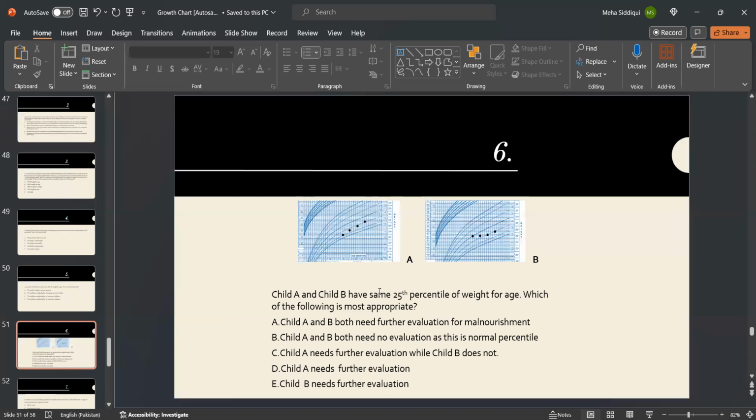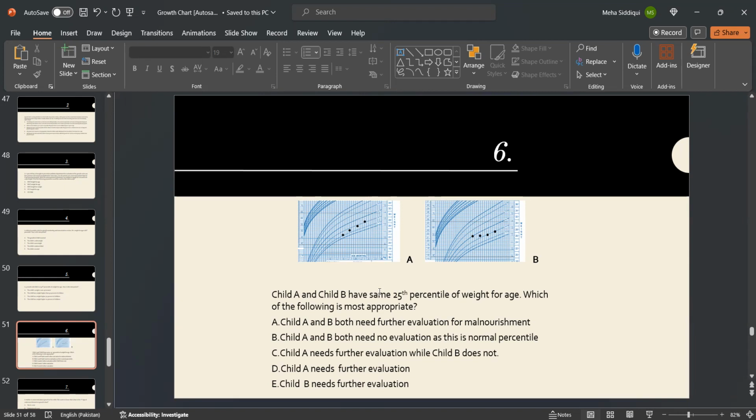MCQ number 6. Child A and B have the same 25th percentile of weight for age. Which of the following is most appropriate? Child A and B both need further evaluation for malnourishment. Child A and B both need no evaluation as this is a normal percentile. Child A needs further evaluation while child B does not. Child A needs further evaluation.